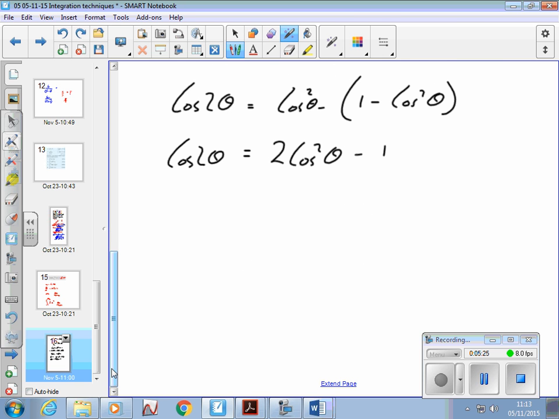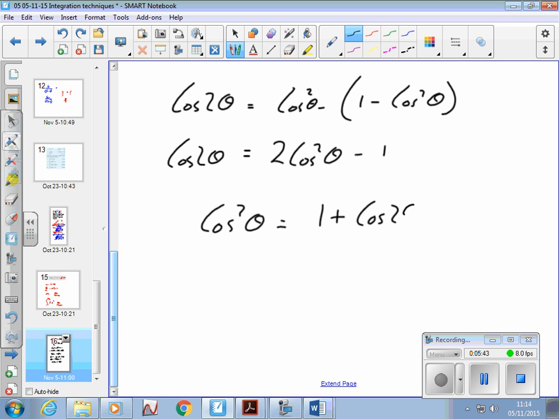So completing this, I'm going to take the 1 over the other side and divide by 2, so I'm going to end up with cos squared theta equals 1 plus cos 2 theta all over 2.